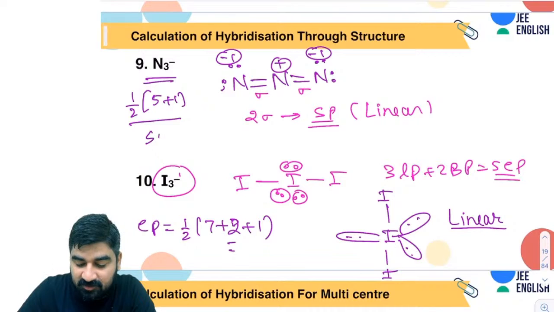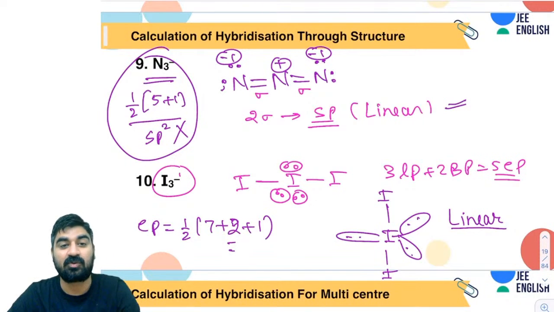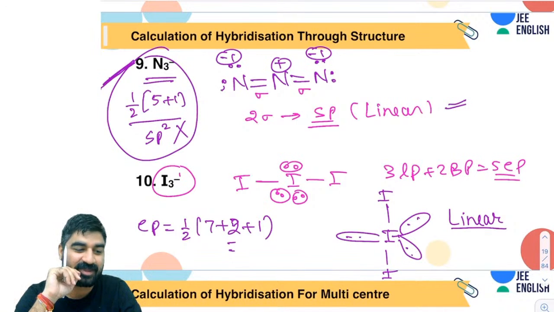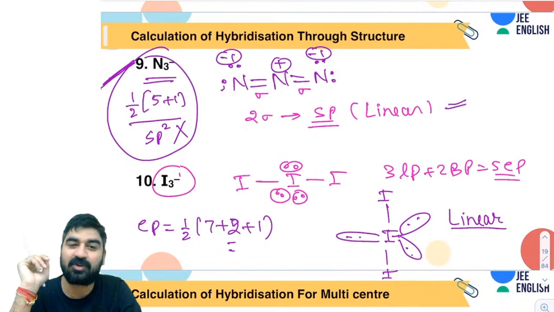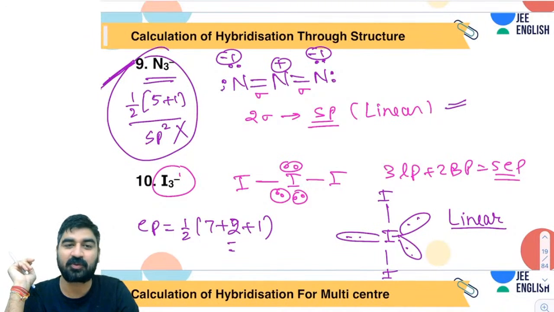As per this, it would be sp2, but this answer would be wrong. The actual answer is sp and it is linear. So the formula will not give you the correct answer every time. Got it? That's why I am taking N3 minus. In this case, the formula is not going to help you, guys.